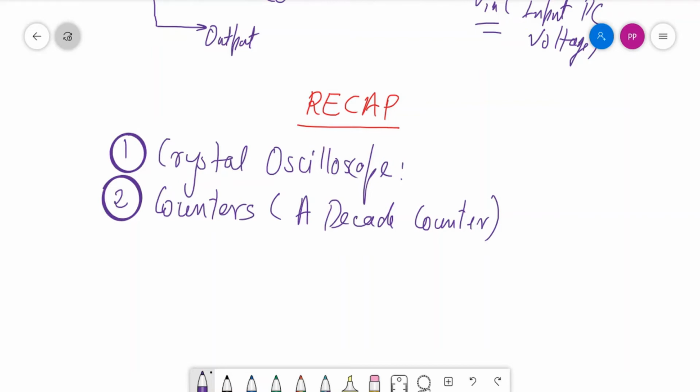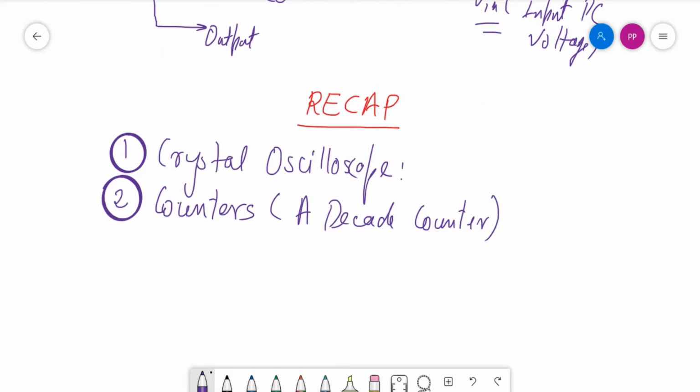In our example, we studied the edge-triggered SR flip-flop, where we developed a decade counter using 4 flip-flops because we need a count between 0 to 10. We understood that we need a special circuit to develop the decade counter using SR flip-flop, where the last bit has to be reset using an AND gate.